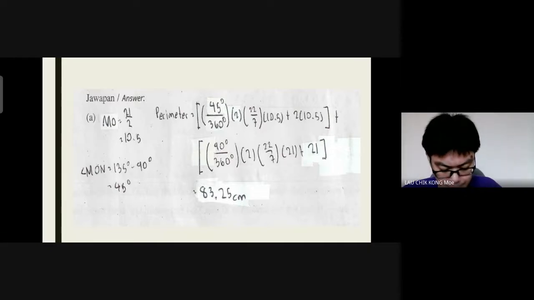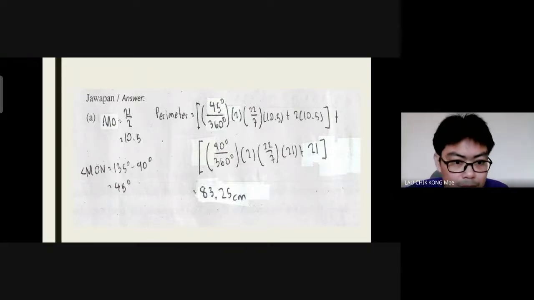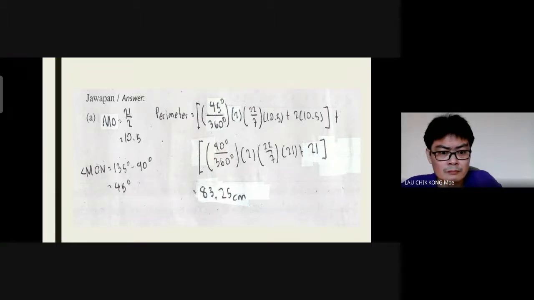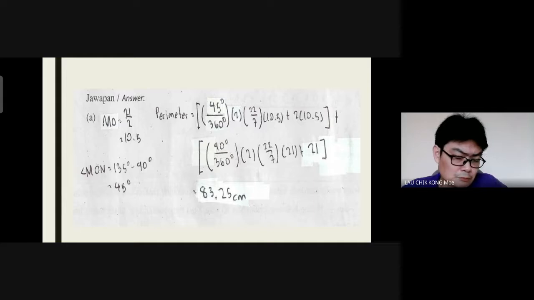Since we know that N is the midpoint, MO is half of 21, which is 10.5 centimeters. And we can find the angle of MON, which is 135 minus 90 degrees equal to 45 degrees.